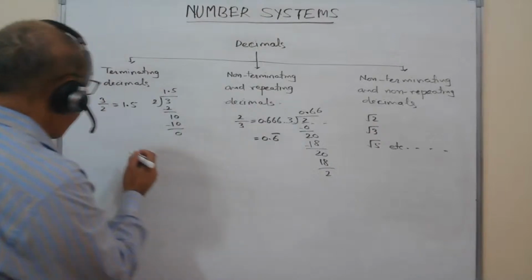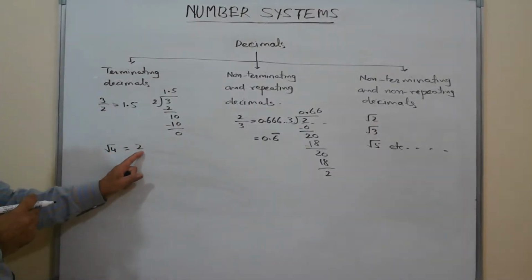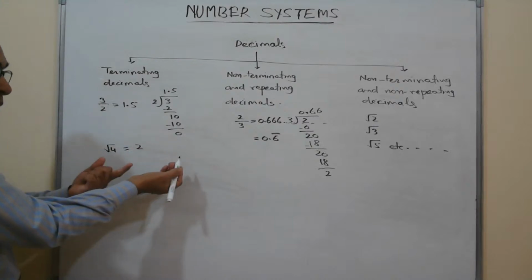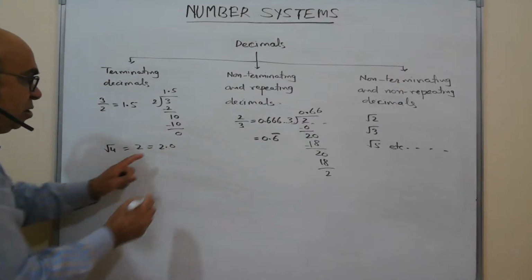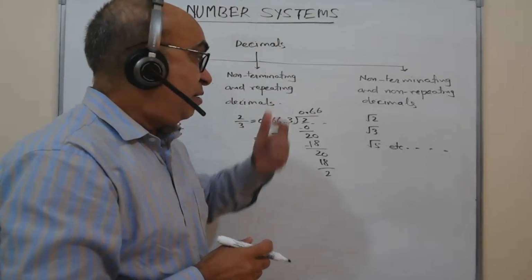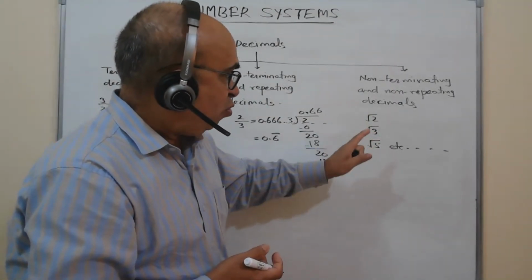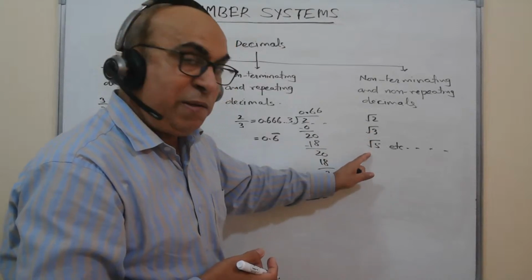Because if I say square root 4, it is equal to 2, it is an integer. So integer means it is 2.0. So it is a terminating decimal, square root 4, square root 9, and so on. So they will represent the values of square root 2, square root 3, square root 5.